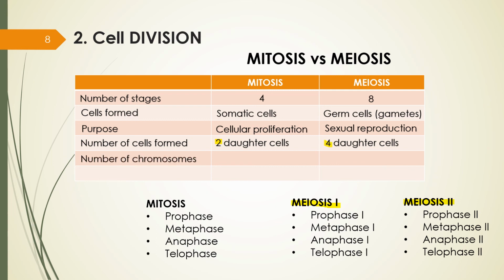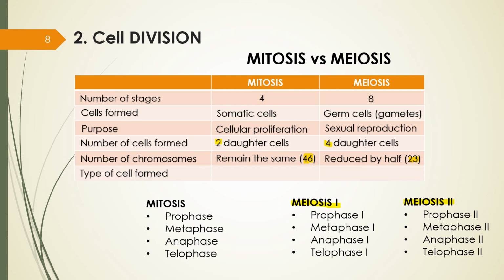How many chromosomes do I have for each mitosis? They remain the same. In the human species, I have 46, so it remains the same number. And for meiosis, I reduce by half. So I have just 23 in each daughter cell.